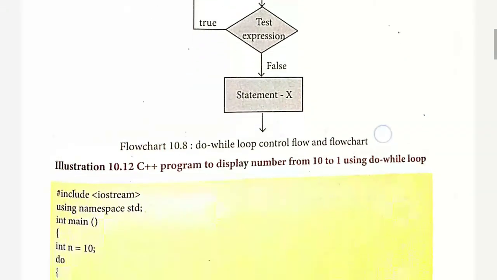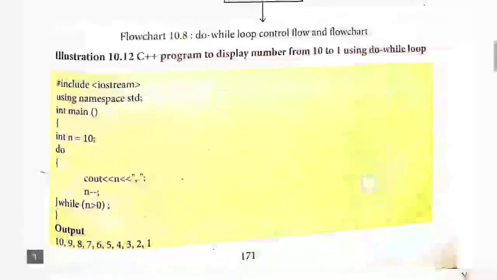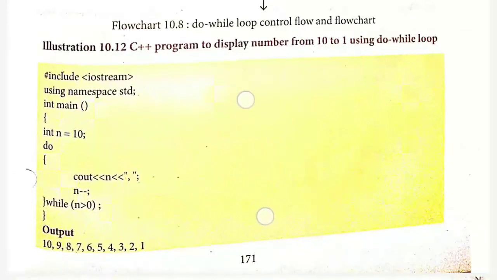Here you can see that they have given one example. This example will tell how this do while loop works. Program to display numbers from 10 to 1 using do while loop.